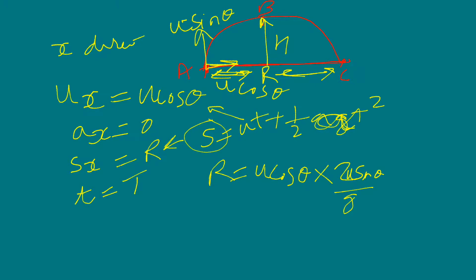Then acceleration along the x-axis is 0, so plus half into 0 into t square, this whole thing becomes 0.